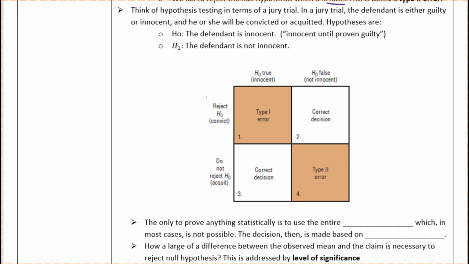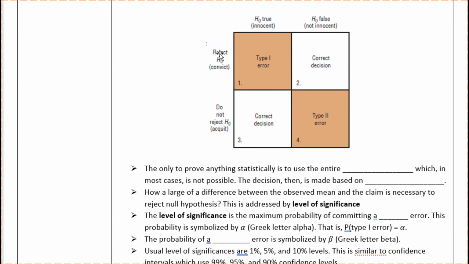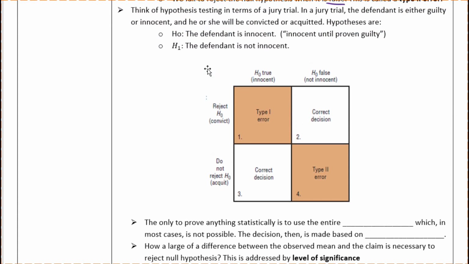If we reject the null hypothesis, then we're really saying the person is guilty, because we're rejecting the fact that they're innocent. But if they're innocent, that means we made a type 1 error, because we rejected the null when we weren't supposed to. So that's this first box here.